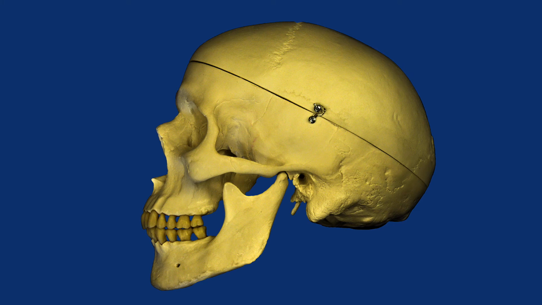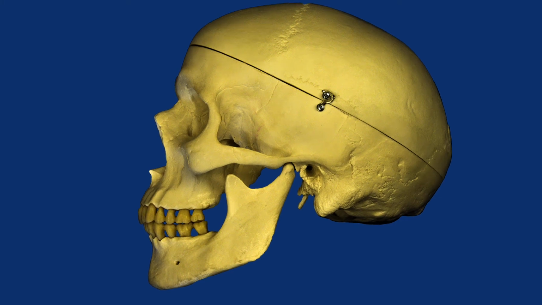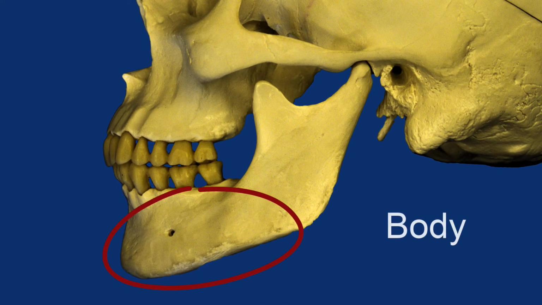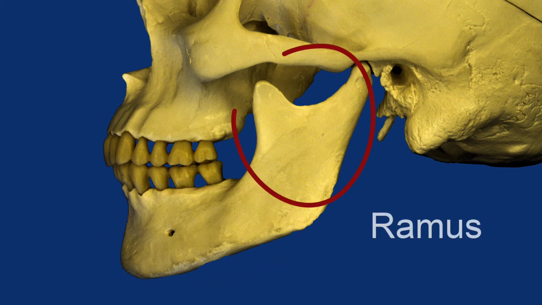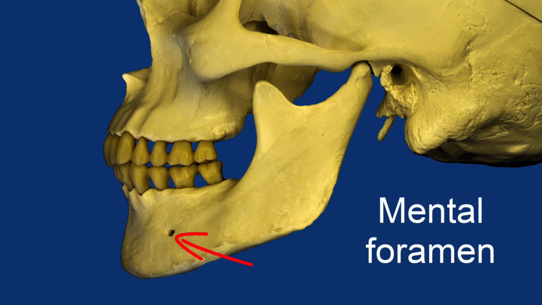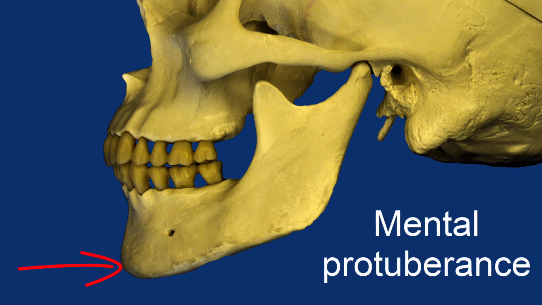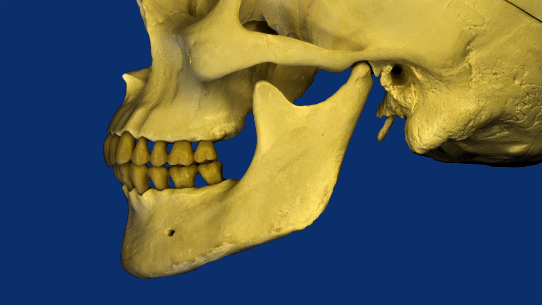Here is a lateral view of the mandible, and again we can note the horizontal part, the body, and over here again the ramus, and here is the mental foramen on this side, and we have our mental protuberance. If we consider the top of the ramus, we'll notice some features.